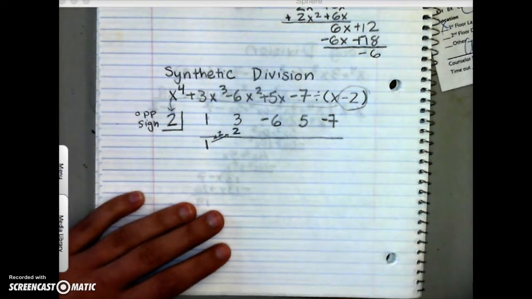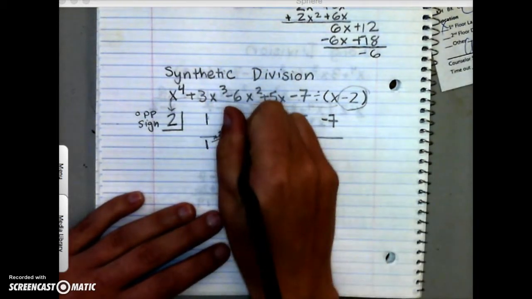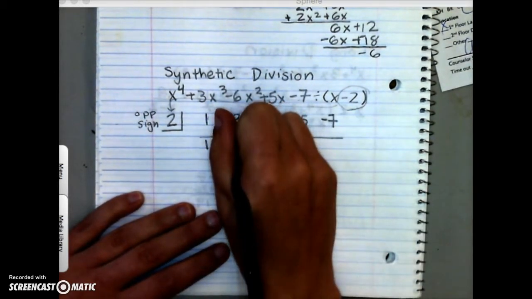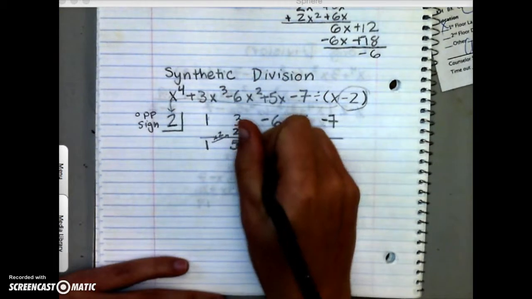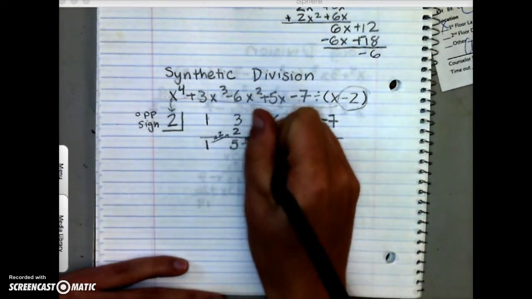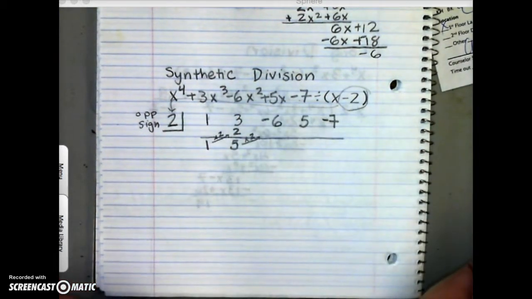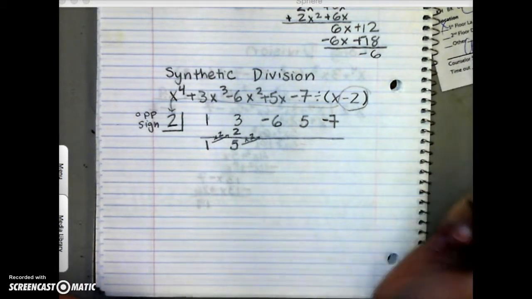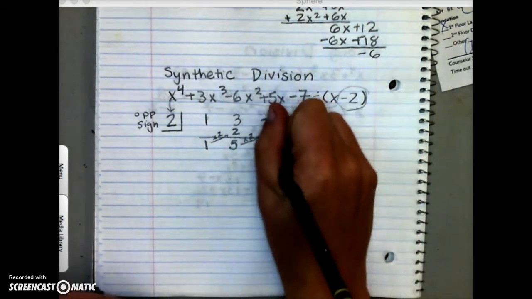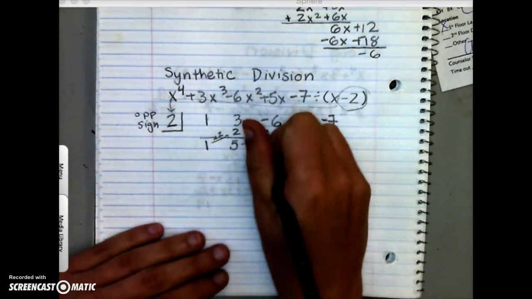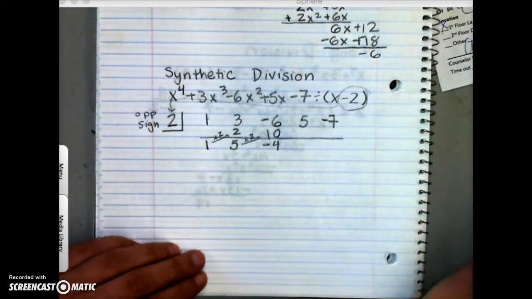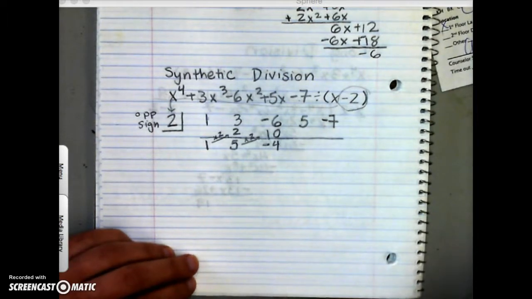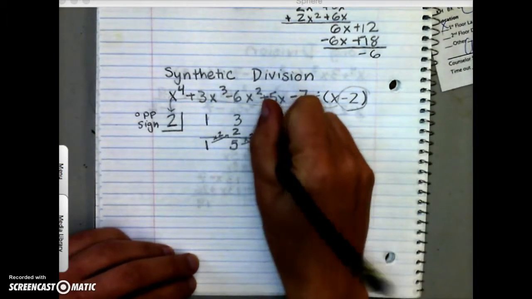What do I get? 3. Add them together, 5. And we take this 5 and multiply it times 2. 5 times 2? 10. Add them together, I get -4. Oh no, +4, sorry, +4.